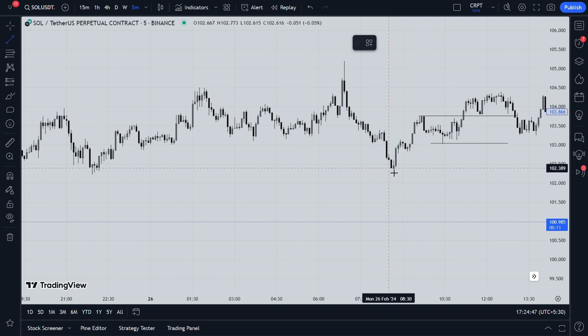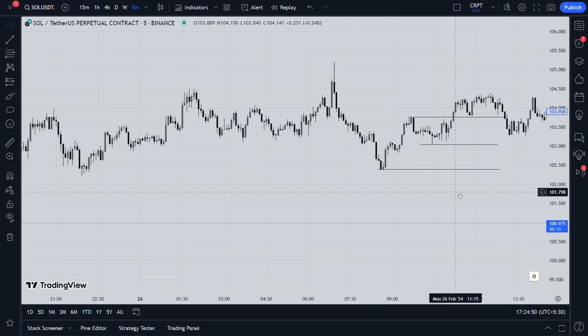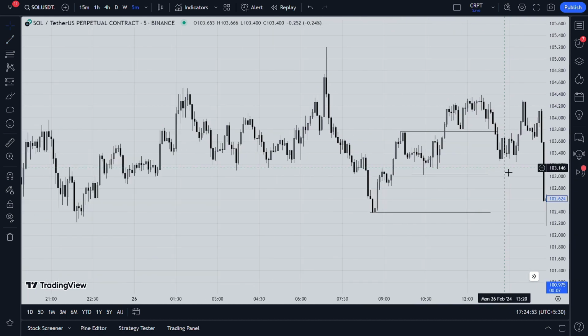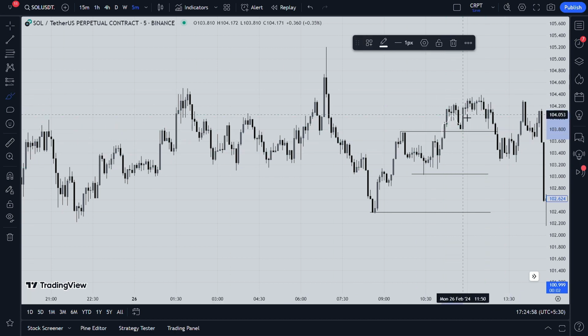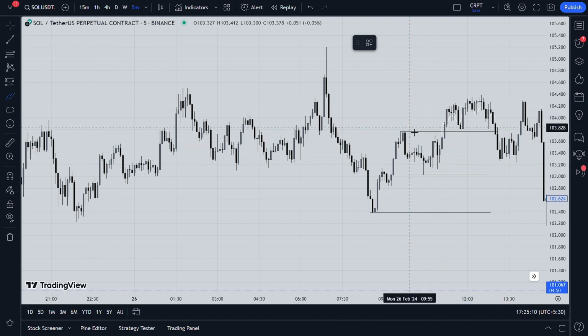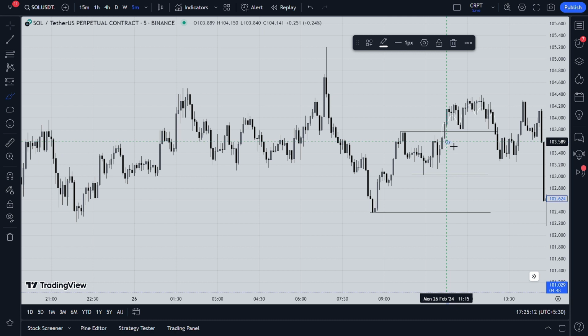So I started marking them, and see what happened here is we can see that price broke the high and sustained for a very long time, and the people who are longing here are putting their stop losses right at these areas.